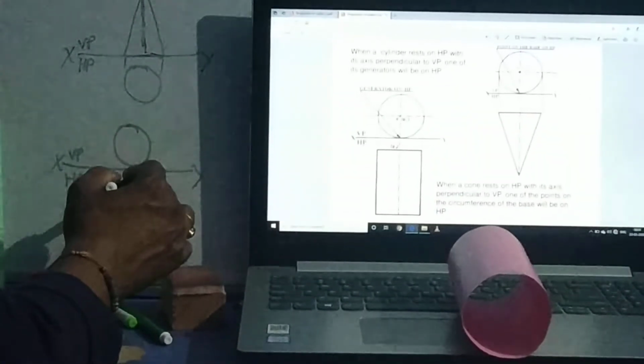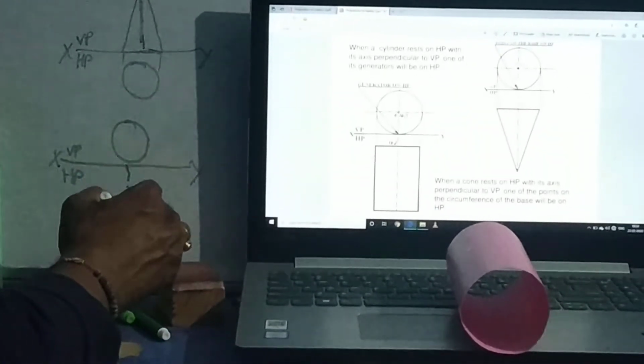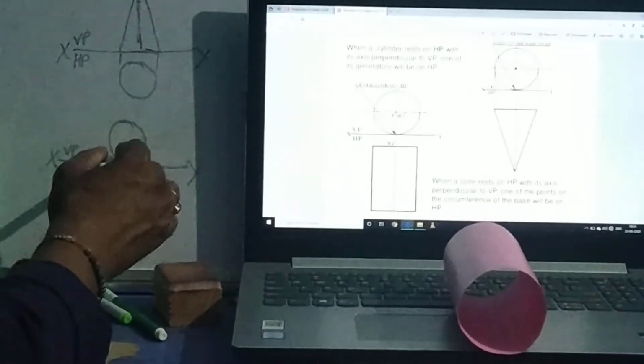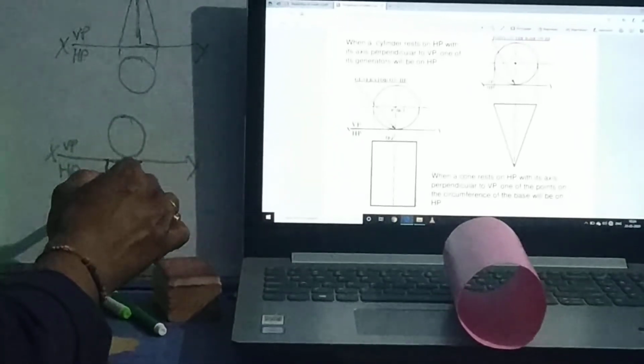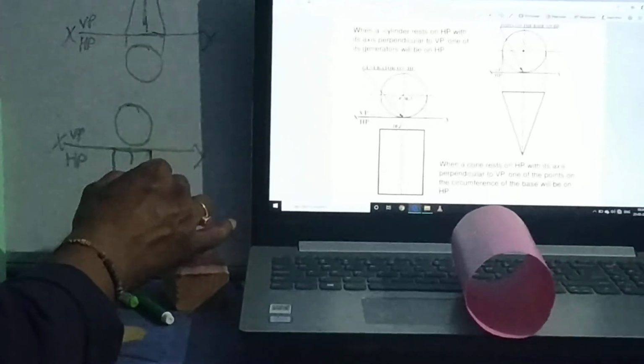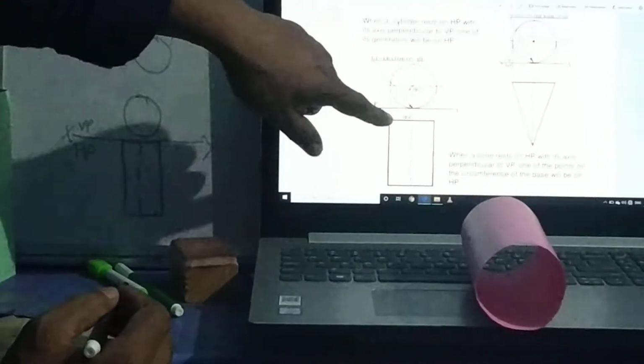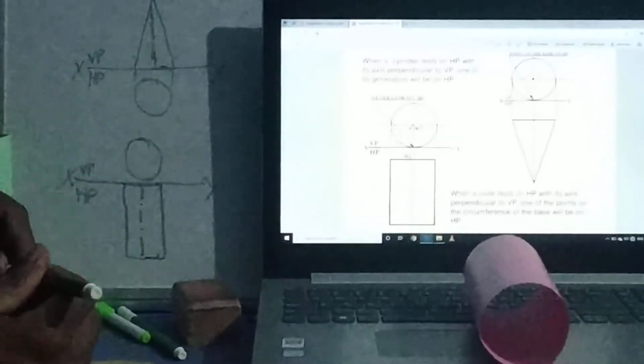So on HP, whatever the axis length is given, maybe 60, 80, whatever, this is what is drawn here.